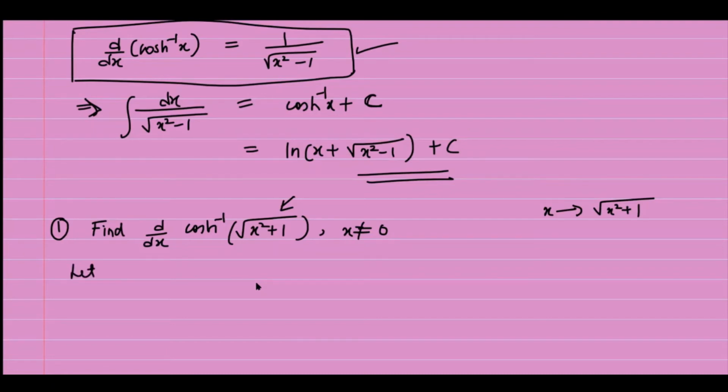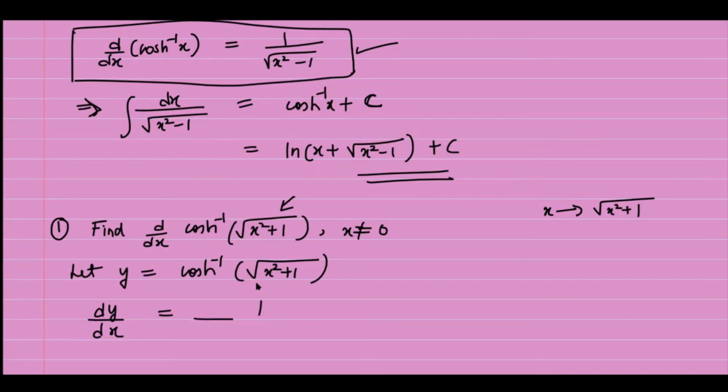So I will take this to be y. Let y equal to cosh inverse of square root of x square plus 1. If we want, you can use the chain rule also. You can do substitution here, or you can directly differentiate. We can write dy by dx using this formula. If it is cosh inverse of x, its derivative is 1 by root of x square minus 1.